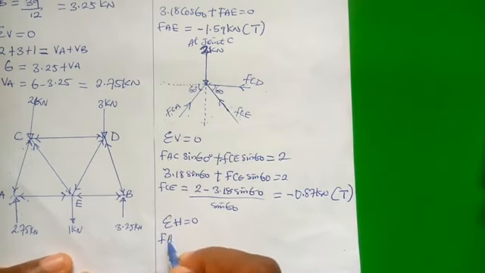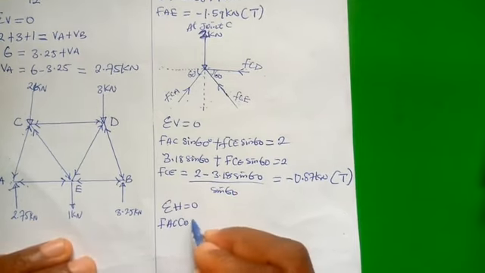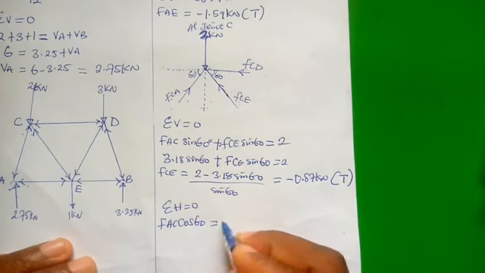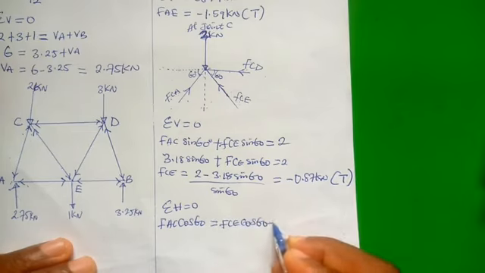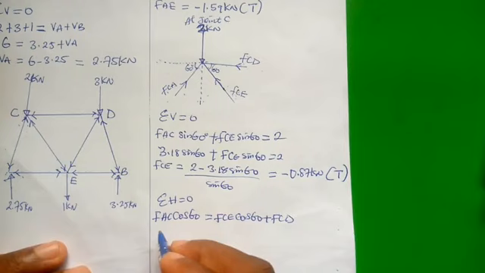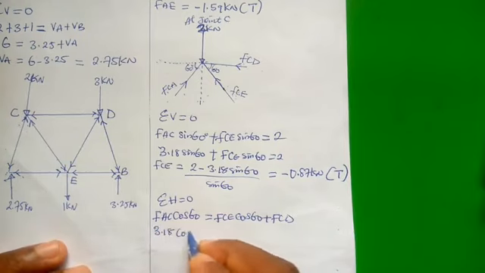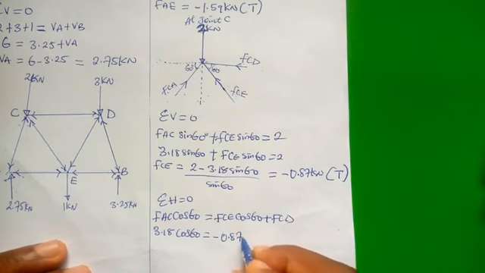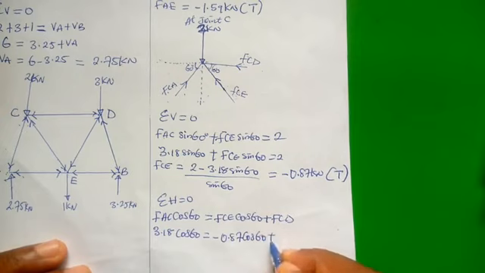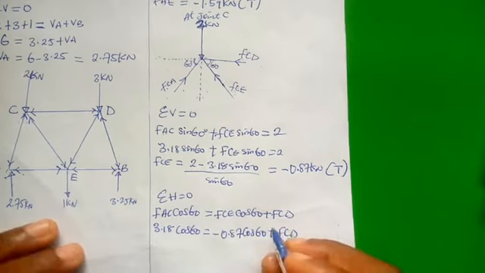We have FAC cos 60 is equal to FCE cos 60 plus FCD. Already we know FAC to be 3.18, then cos 60 is equal to FCE, which is minus 0.87 cos 60 plus FCD.